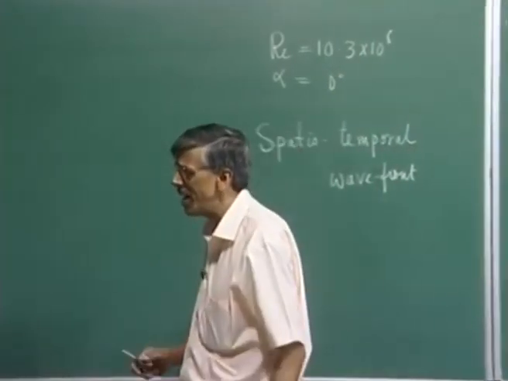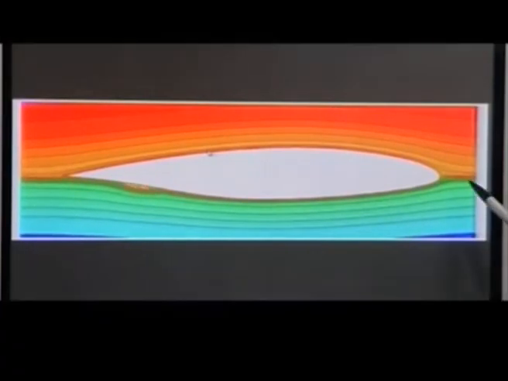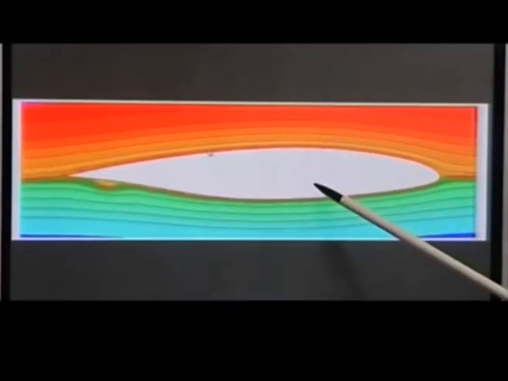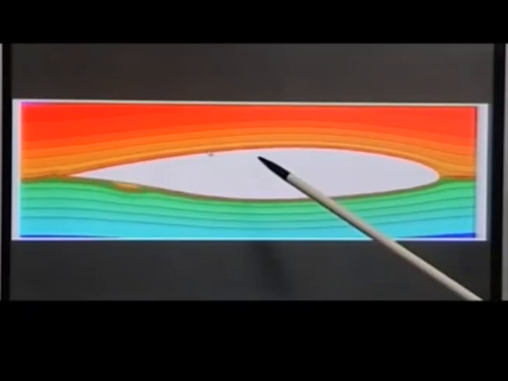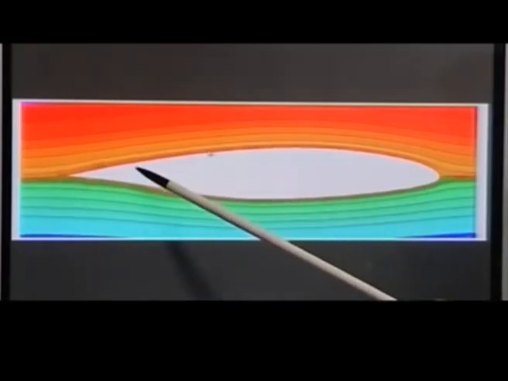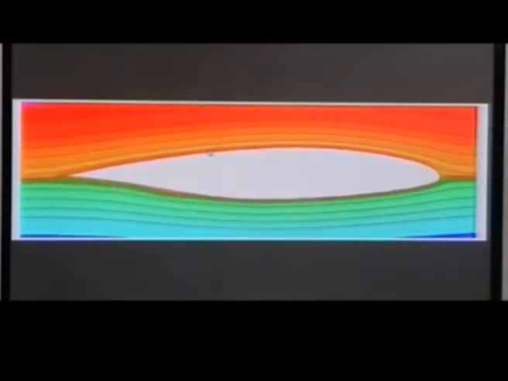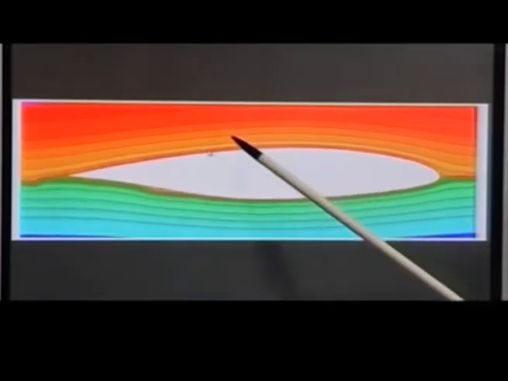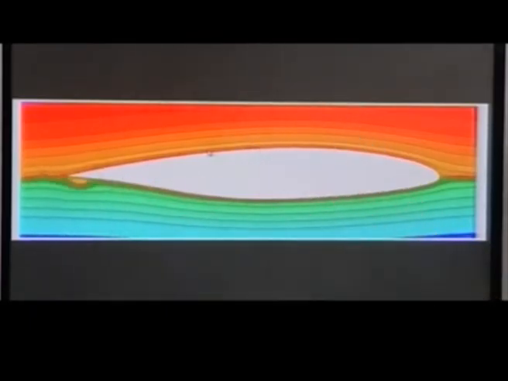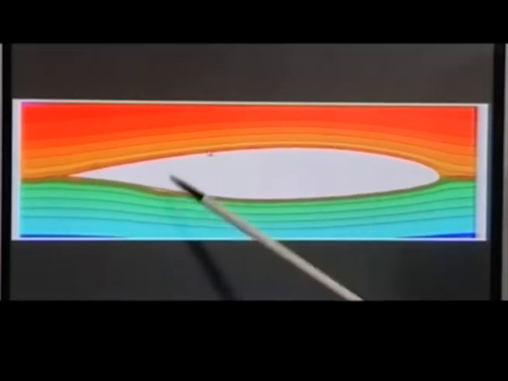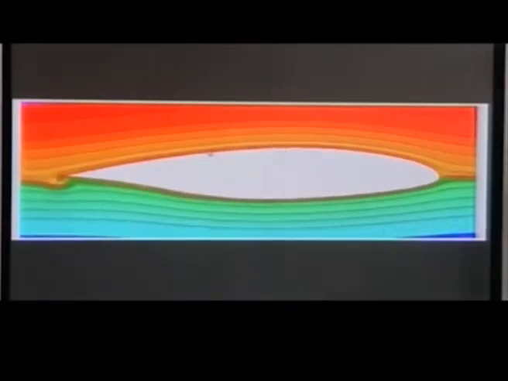And what you notice here is that the boundary layer remains attached up to the middle of this aerofoil. Up to this part, flow is perfectly steady, but in the second half of the aerofoil, you are seeing some small separation bubbles, and they are unsteady, they keep moving, and you see the same thing on the bottom side also.